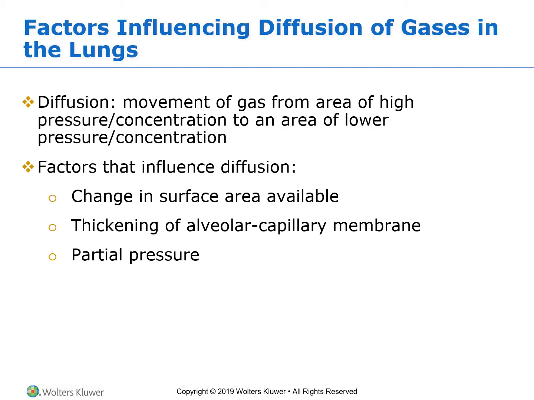So, for example, let's say we had part of a lung or all of a lung removed, or we had a disease that destroyed the lung tissue, so we didn't have as much surface available. Okay, that would affect our ability to exchange gas.